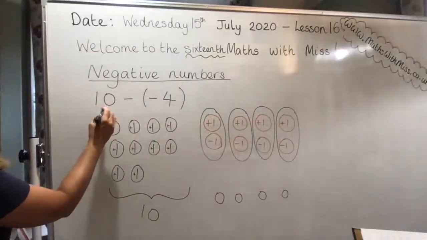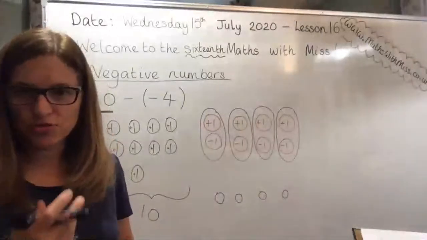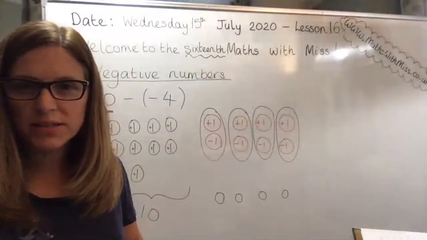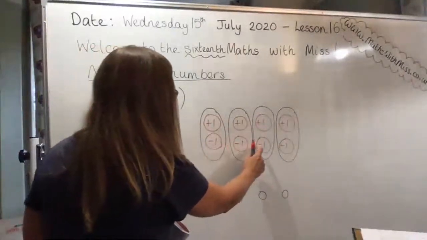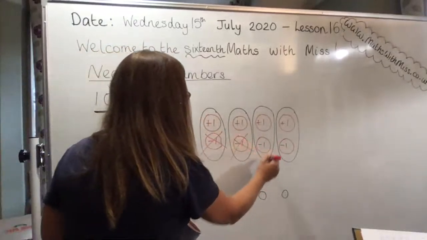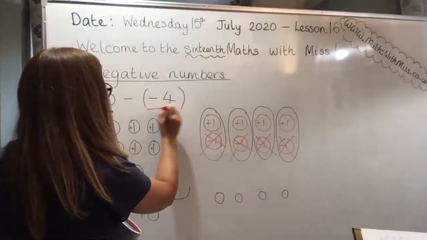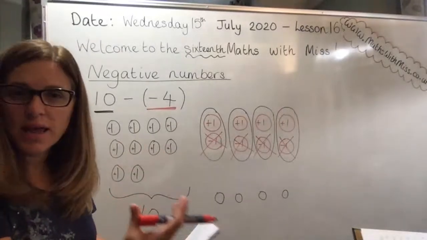I've still only done this bit of my calculation. And now I need to subtract negative 4. So I need to get rid of negative 4. So I need to get rid of these. Get rid of this one. Get rid of this one. Can you see? I have got rid of negative 4. I have subtracted negative 4.